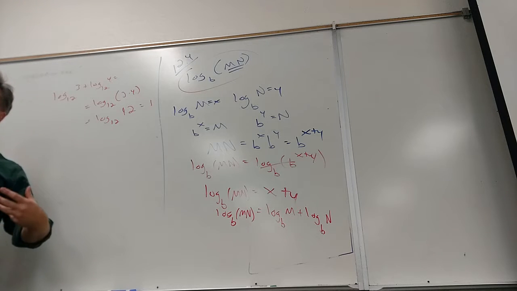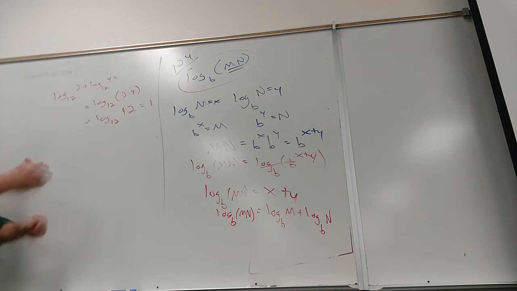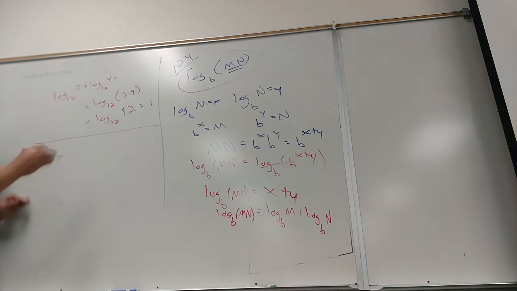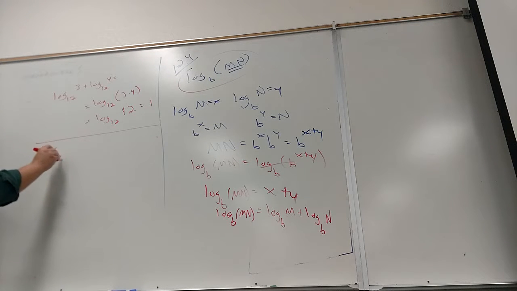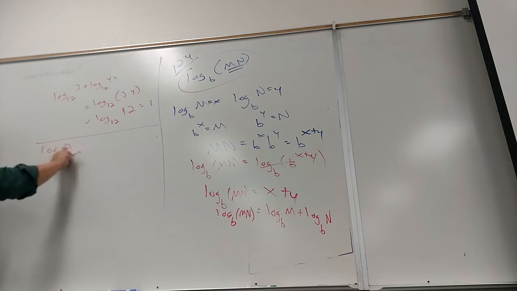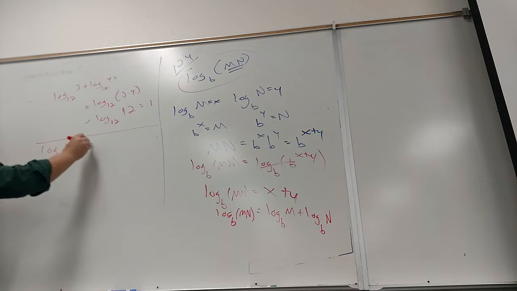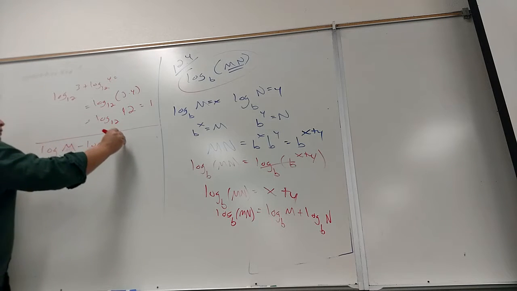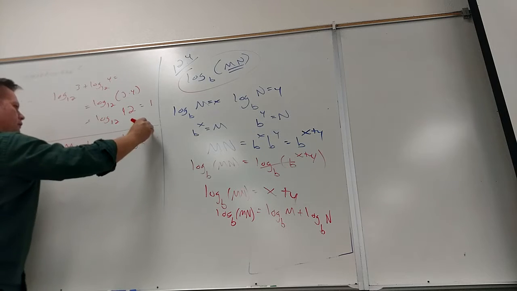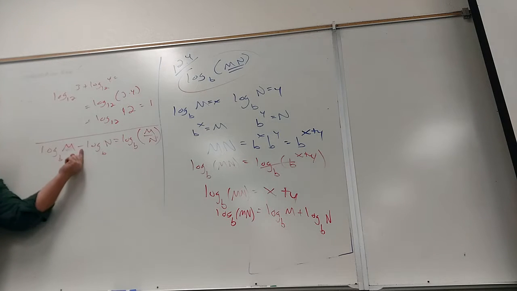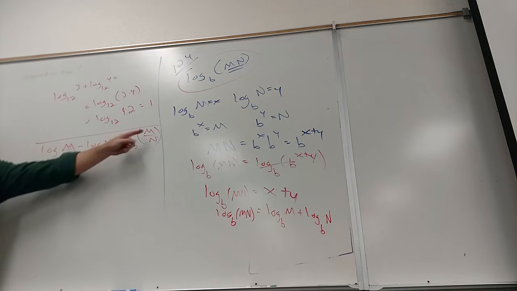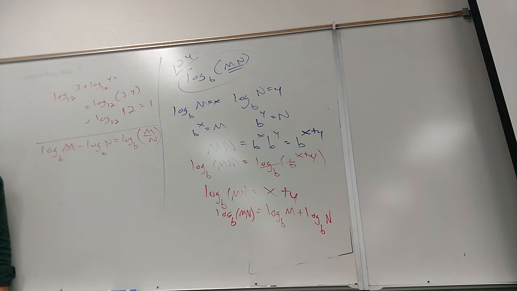When I was dividing. So if I had log base b of m minus log base b of n, that would be log base b of m over n. Because when do I subtract powers? When I was dividing the things.